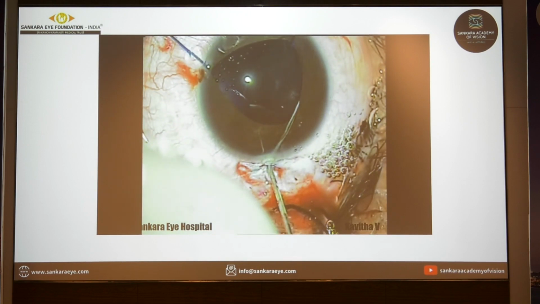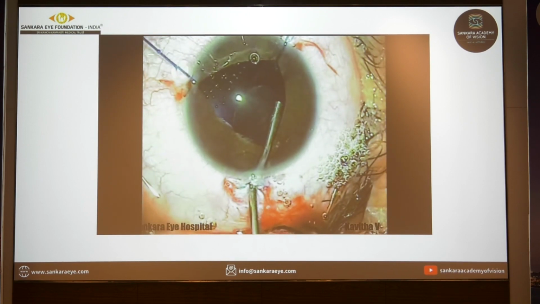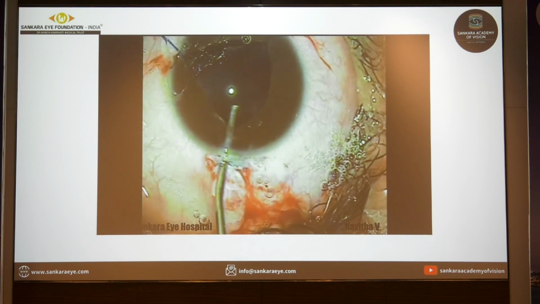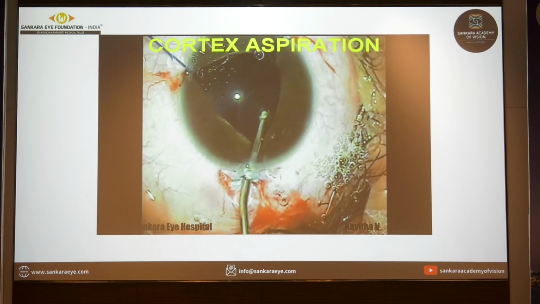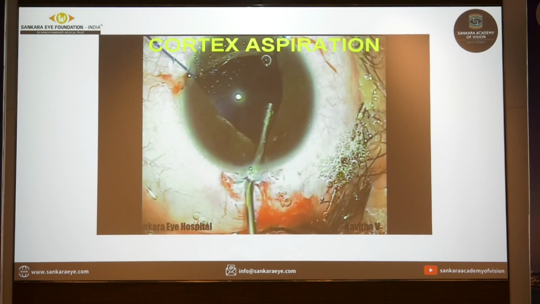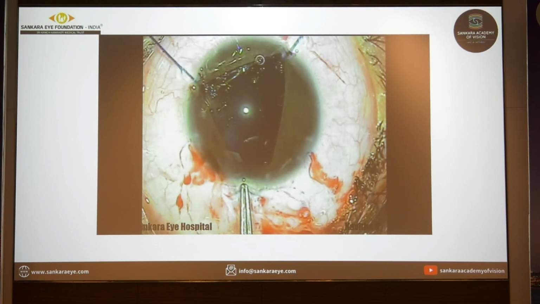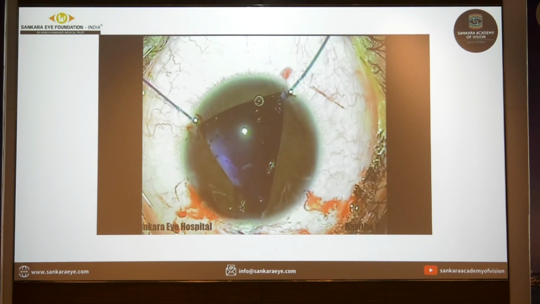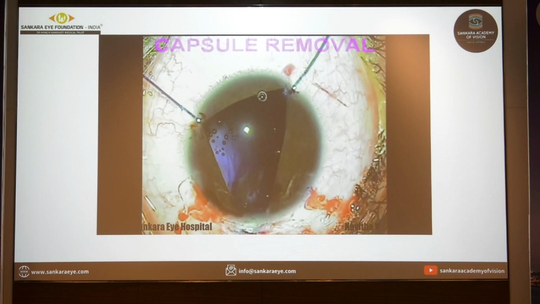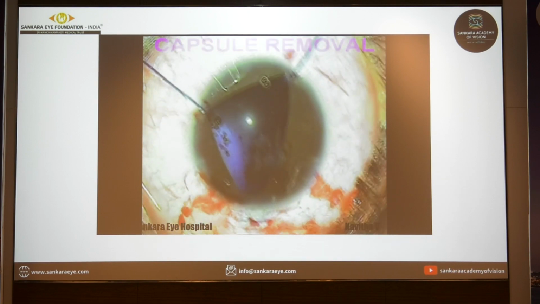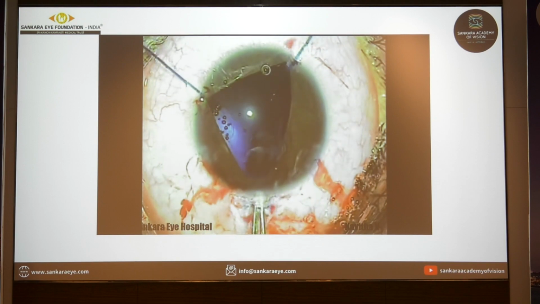I just infuse in all quadrants, and I aspirate using the same cannula, or you can use the viscoelastic cannula, which is 23 gauge. The capsule can be easily removed, but in some situations the capsule is quite tough. Probably you could use the vitrectomy cutter to remove the capsule.